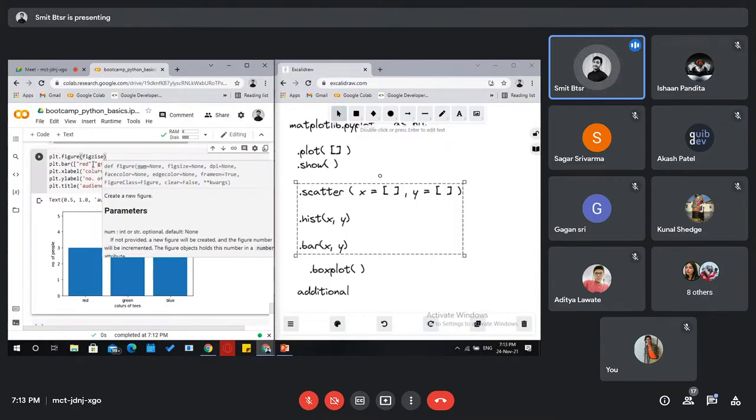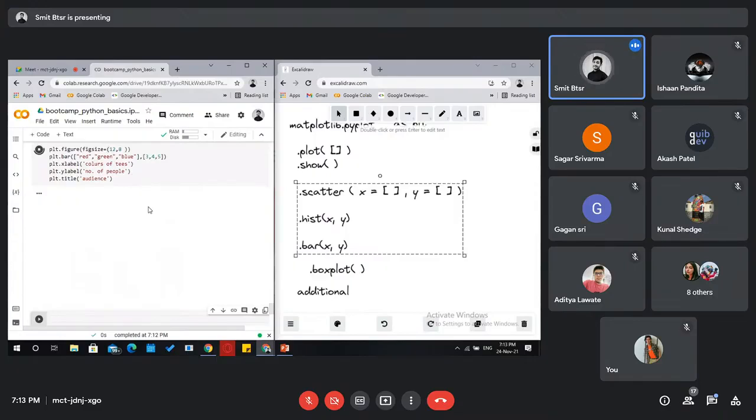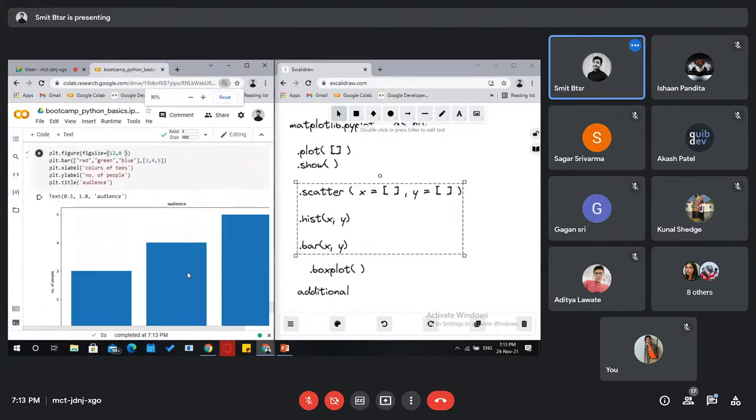The keyword for that is figsize, equals to, and we have to pass values like that. Let's say 12 by 12 or 12 by 8. Here we are specifying the ratios, so it's just a ratio.